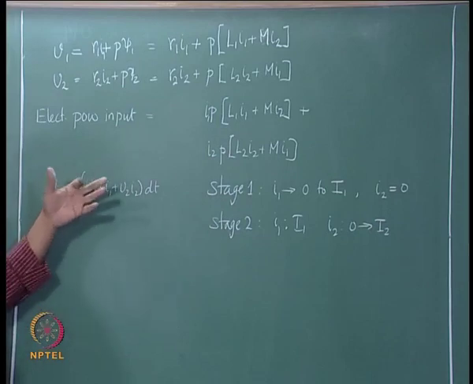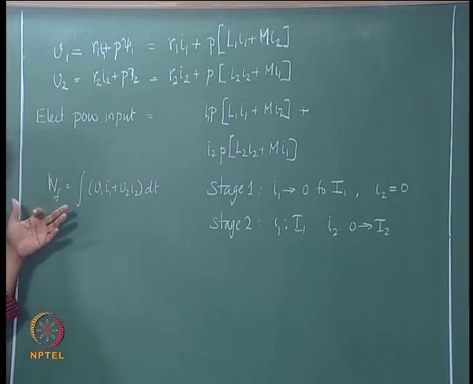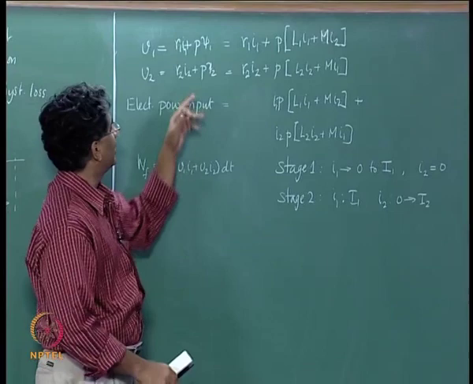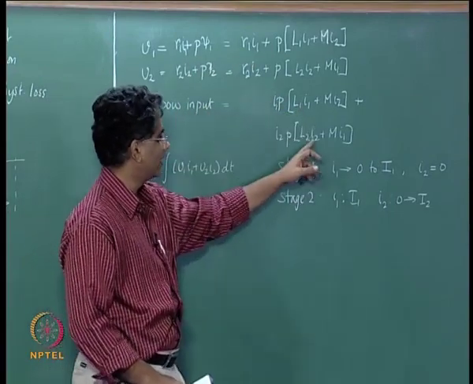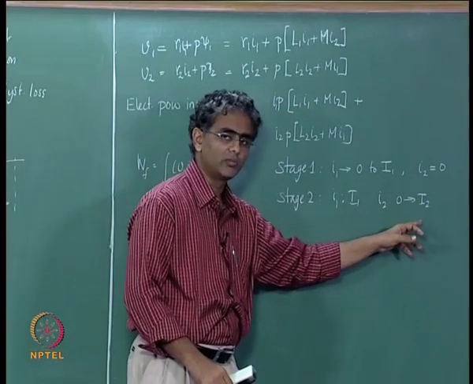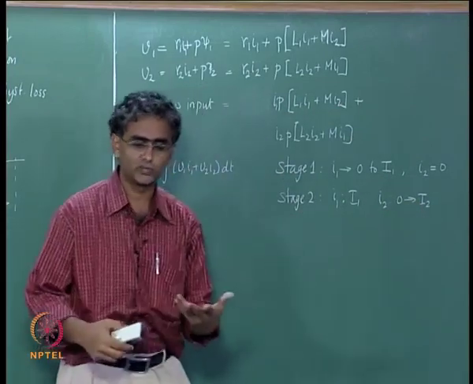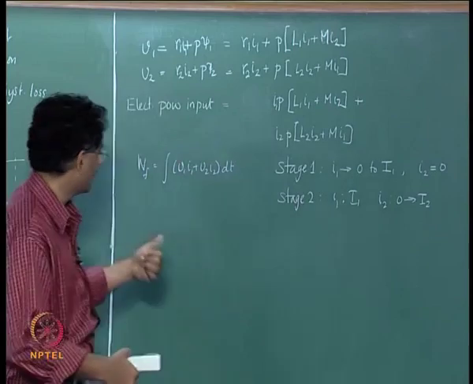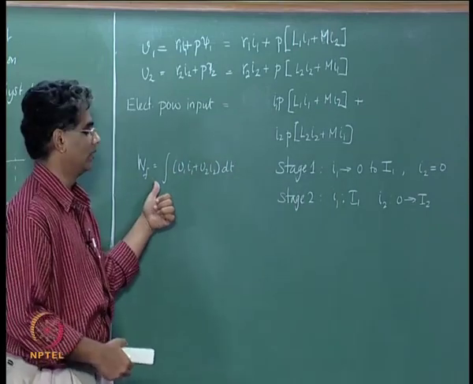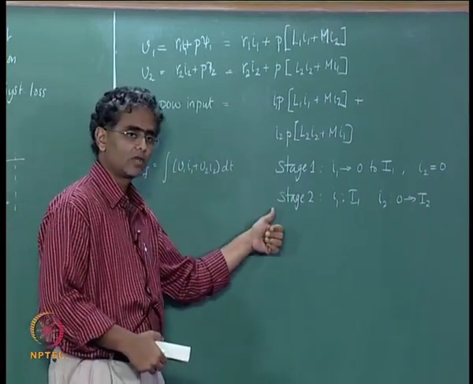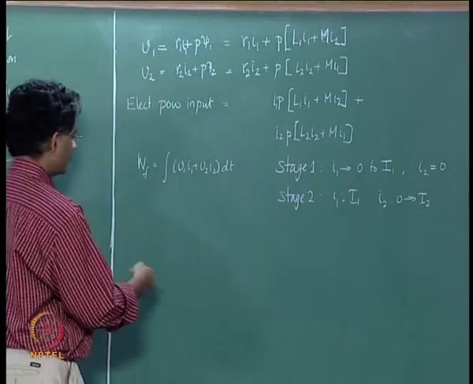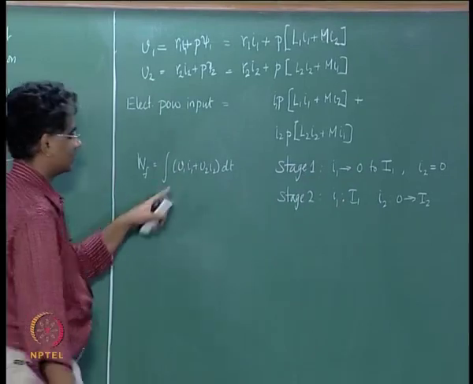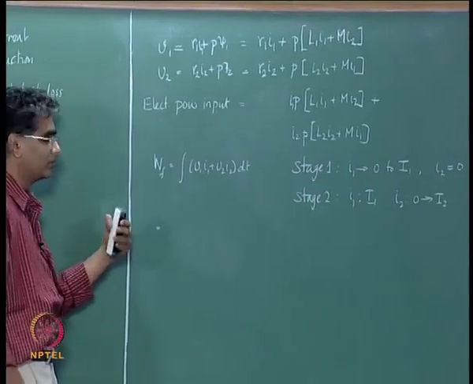So in order to estimate the energy stored in the field when I1 has a value equal to capital I1 and I2 has a value equal to capital I2, in order to arrive at the expression you evaluate this integral in two stages. The first stage is this and the second stage is this. So if you do that, how does this integration now get simplified?